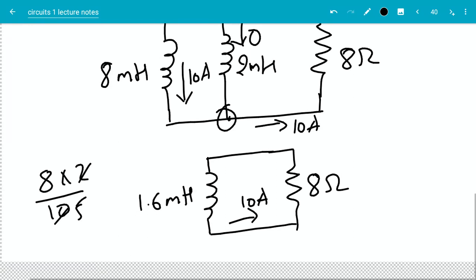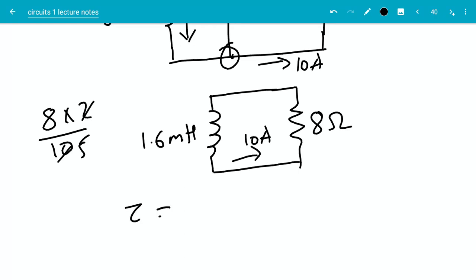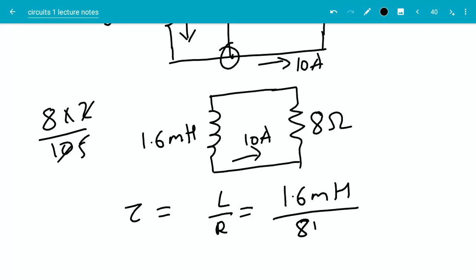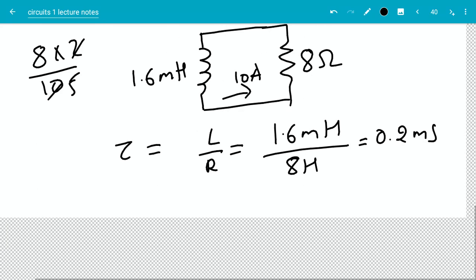Then my time constant is L over R, which is 1.6 millihenry divided by 8 ohms. So this will be equal to 0.2 milliseconds. That's my time constant.